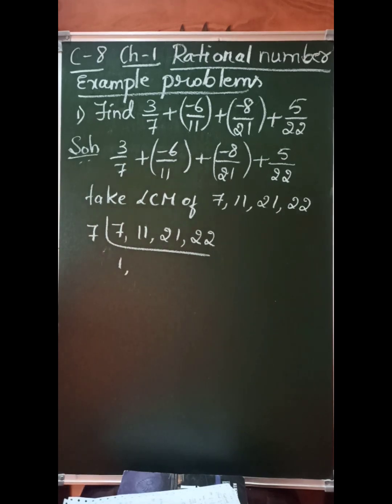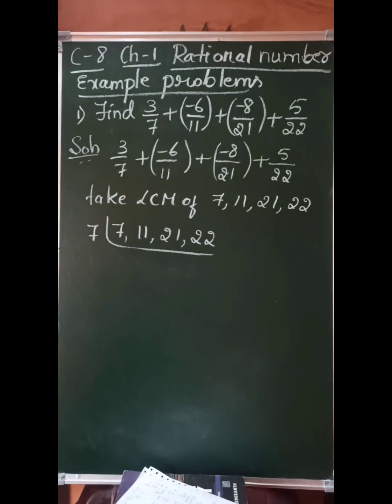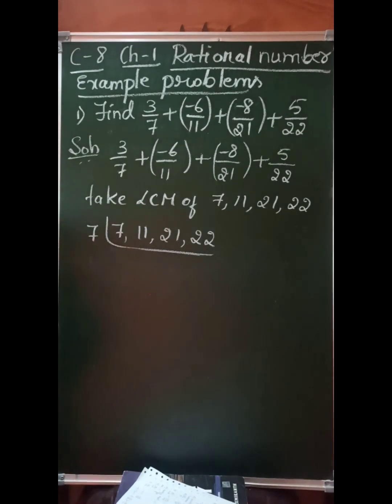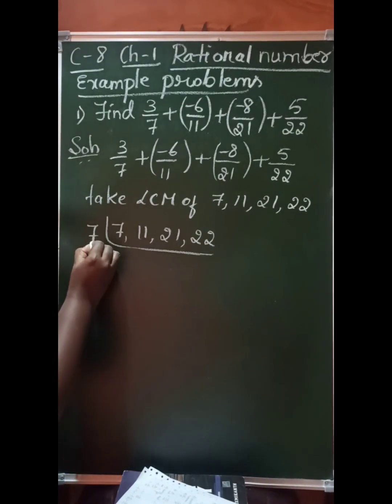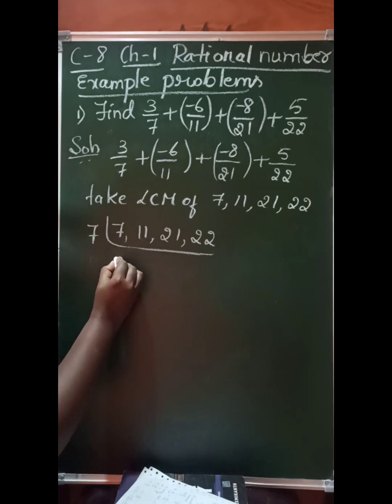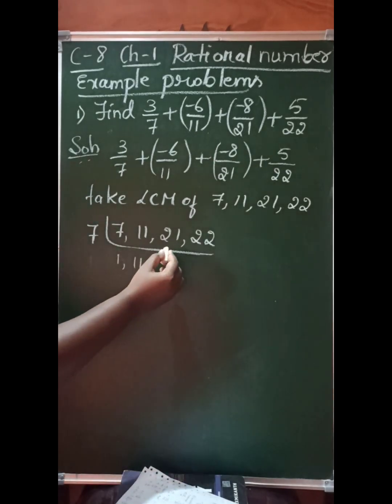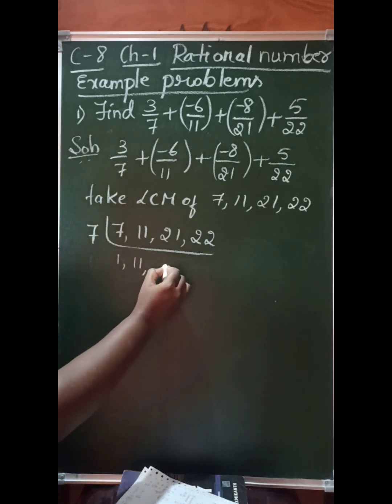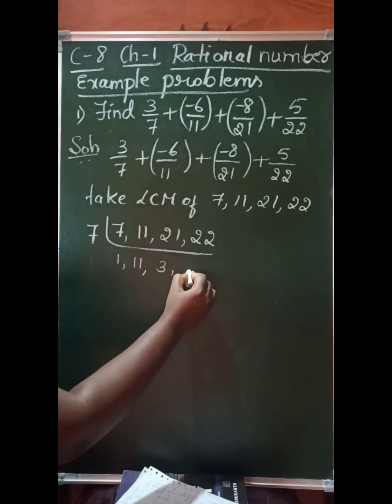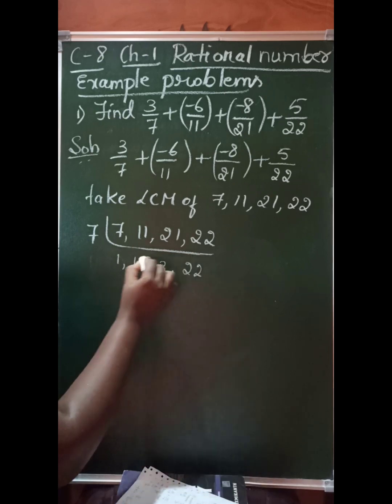Then see if any other number can divide. Divide 7 by 7 to get 1, write 11 as it is, 21 can be divided by 7, so 7 threes are 21, and 22 you cannot divide, so write it as it is.